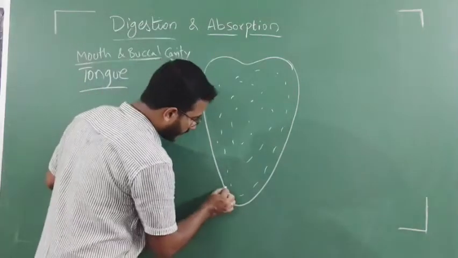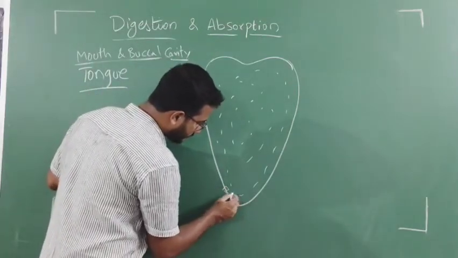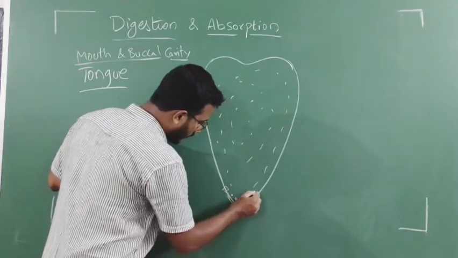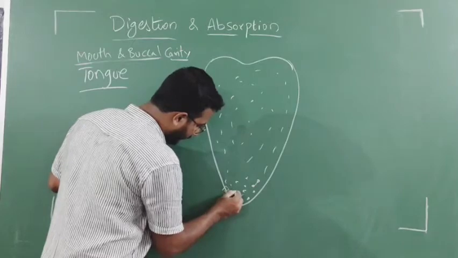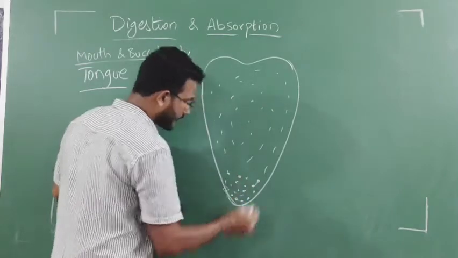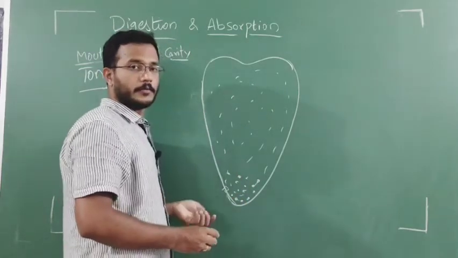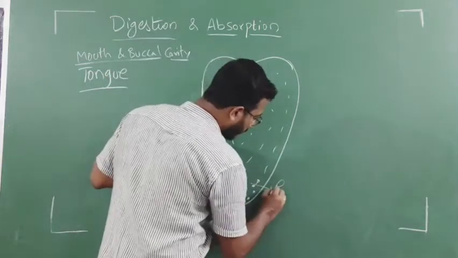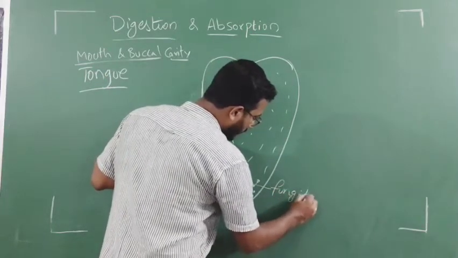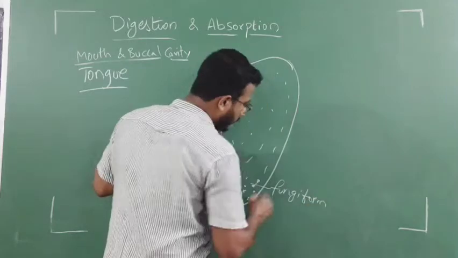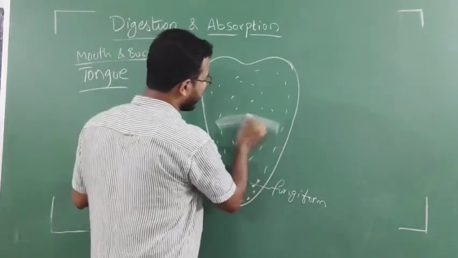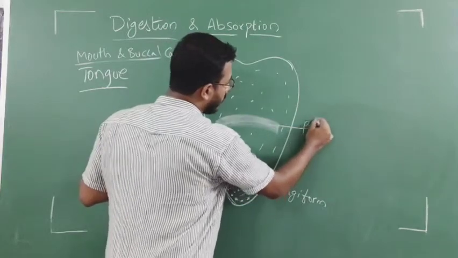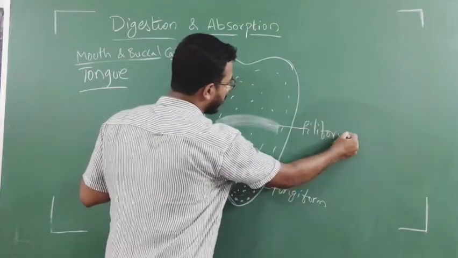So here on the edge of the tongue, the front portion, we have fungiform buds, and here in this region we have filiform type of buds.